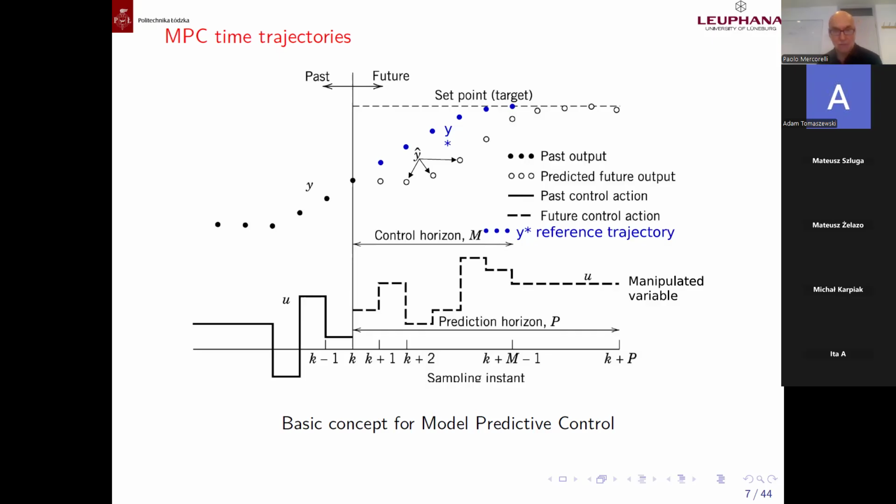having a prediction of these blue points, the y points, where the prediction is characterized by y hat through the model. The idea is to predict through a prediction horizon and to generate a controller which is characterized by the control horizon. These horizons can also be different, but in any case the prediction horizon is larger than or equal to the control horizon.